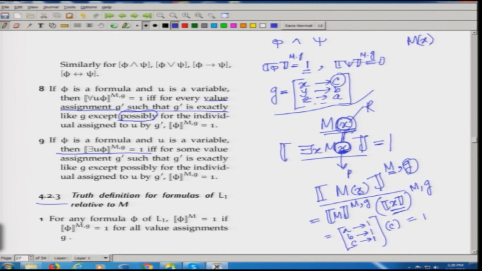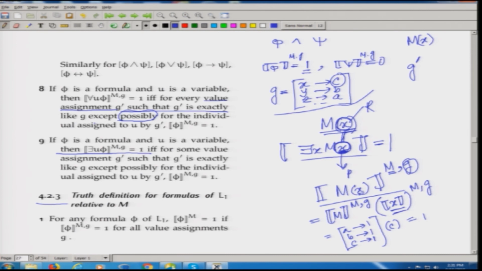In this case, whenever we compute, whenever we talk about it, you see g, g prime. So, g prime is exactly like g except possibly, that is, it need not be different from g.